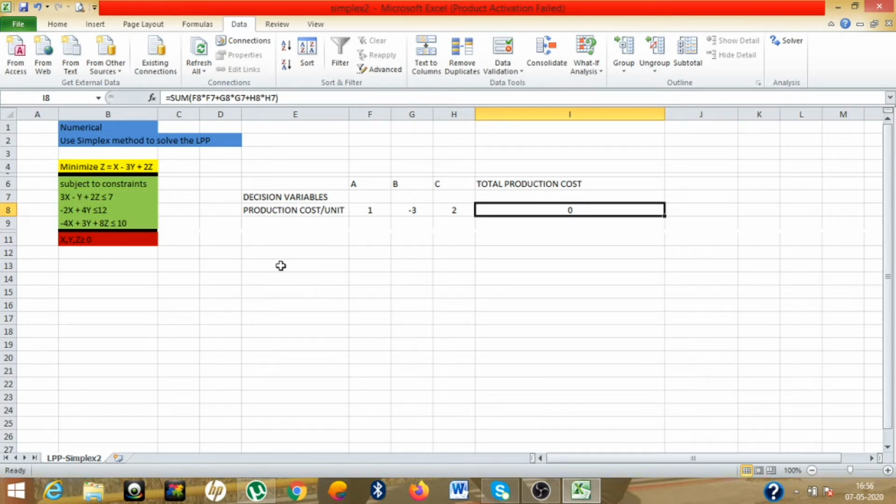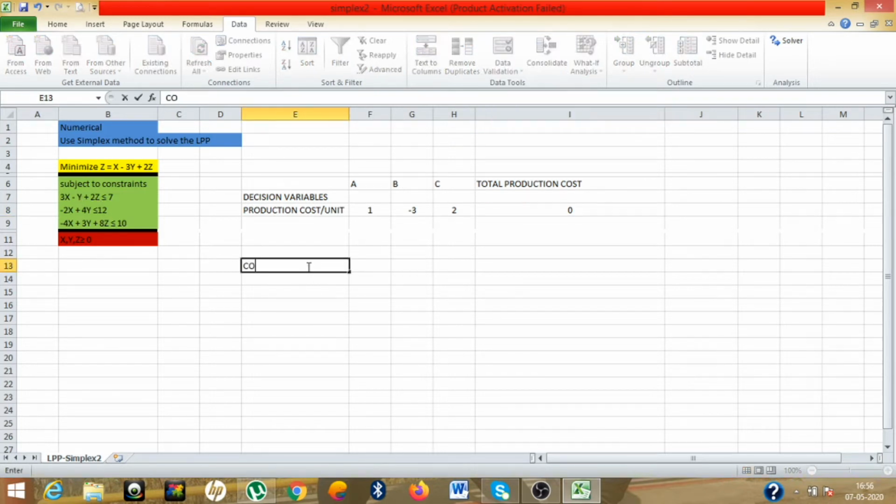Now there are three constraints: constraint 1, constraint 2 and constraint 3. In constraint 1 we will write the coefficients of x, y and z for the products A, B and C: 3, minus 1, 2.